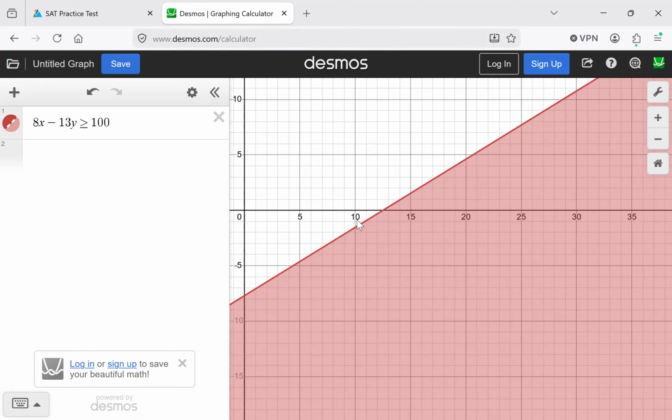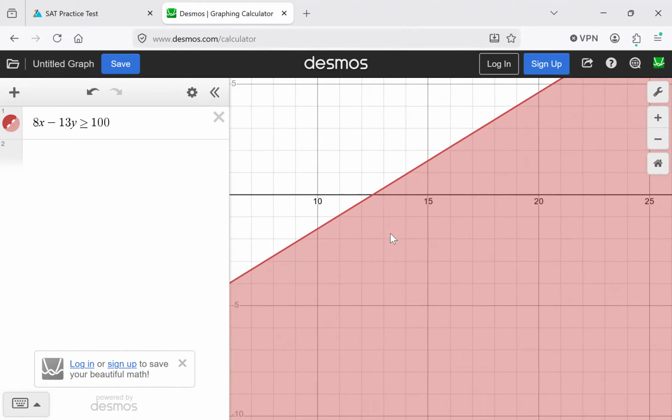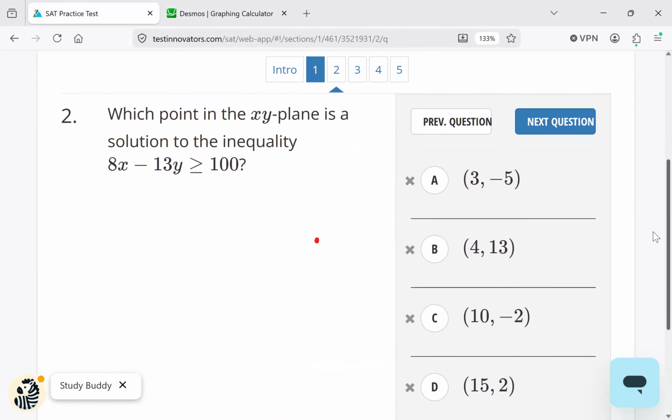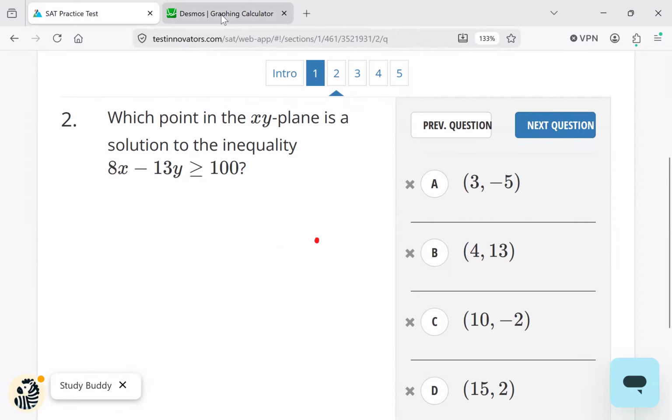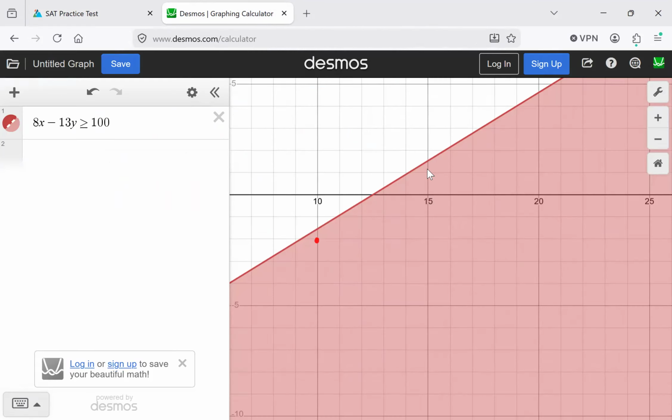Let me zoom in a bit. It's right here, and that is definitely in our region. To check again, can we use 15 comma 2? No, 15 comma 2 is right here, so we can't use that one.